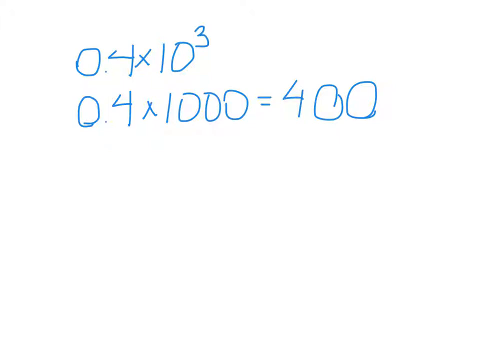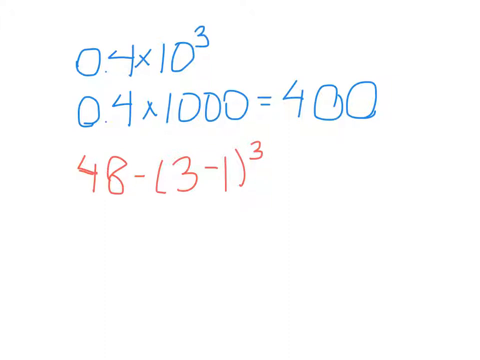Okay, let's take a look at the next example. We have 48 minus, in parentheses, 3 minus 1, to the third power. So first we're going to start off with our parentheses here.